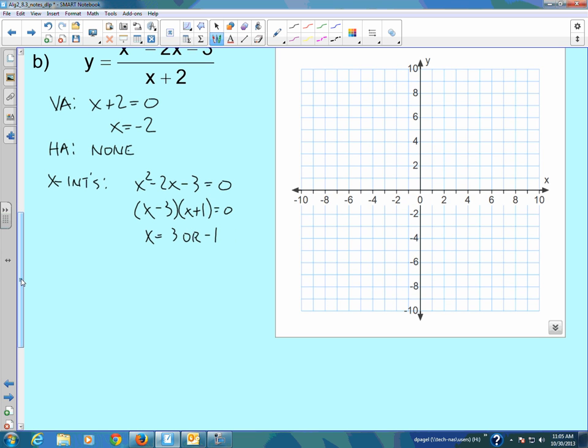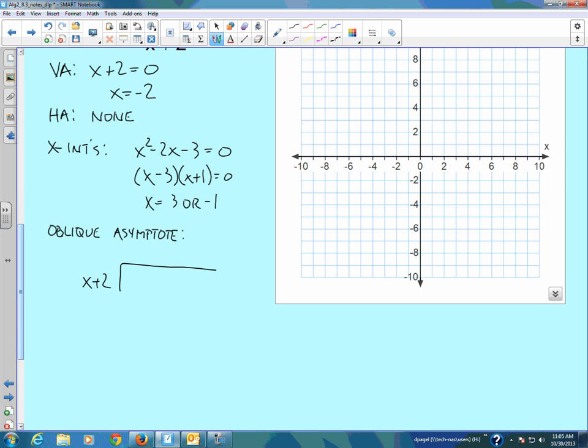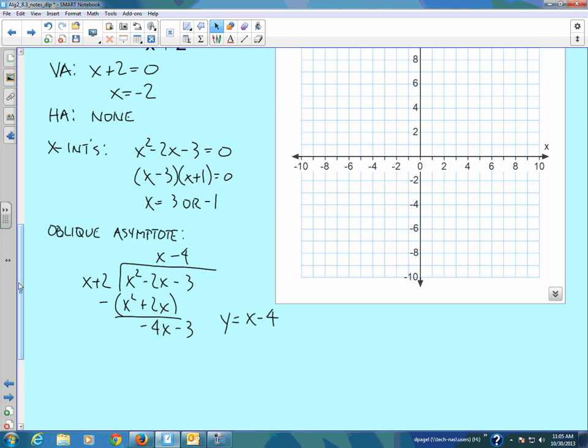And then my oblique asymptote again would take a little long division. x squared minus 2x minus 3, and I get x squared plus 2x. Let's subtract that and get negative 4x minus 3. This one happens to have the same oblique asymptote equation, y equals x minus 4.